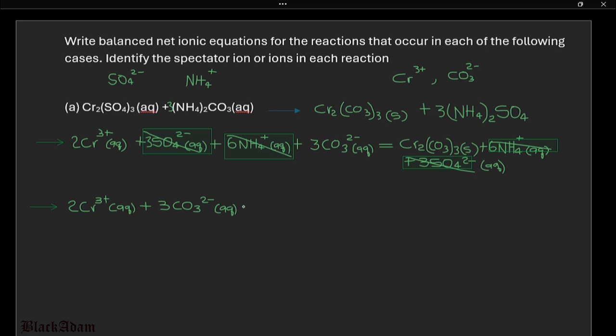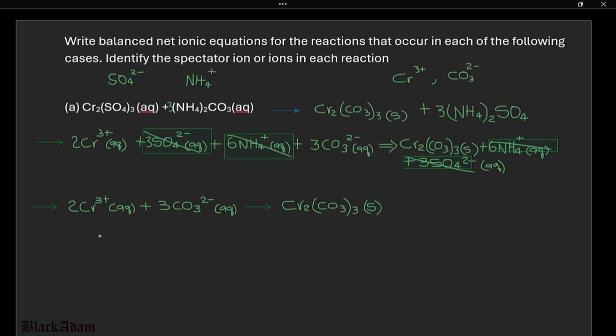And then we have chromium carbonate there, which is solid, and that's our precipitate.